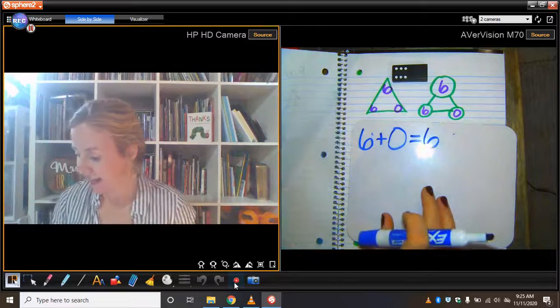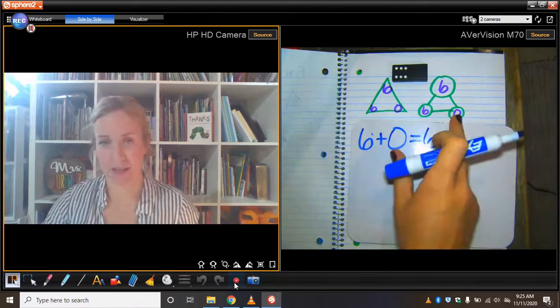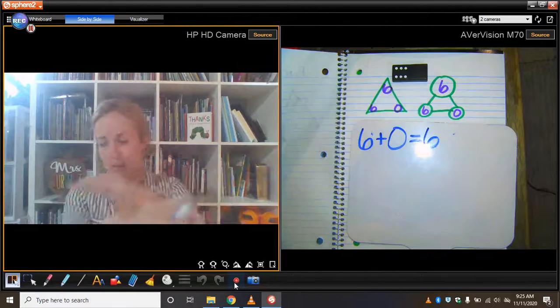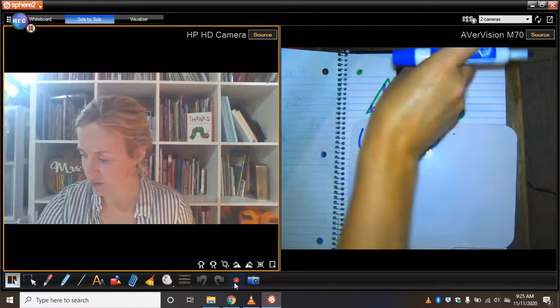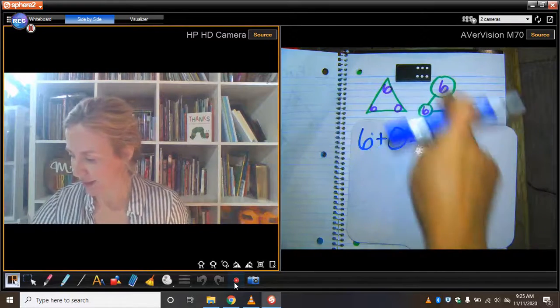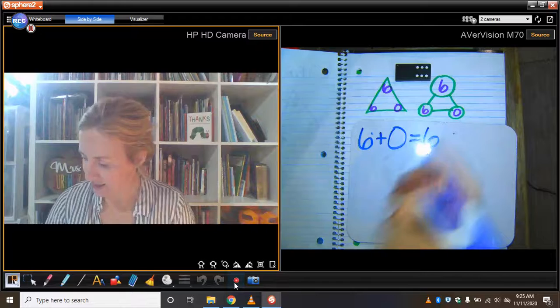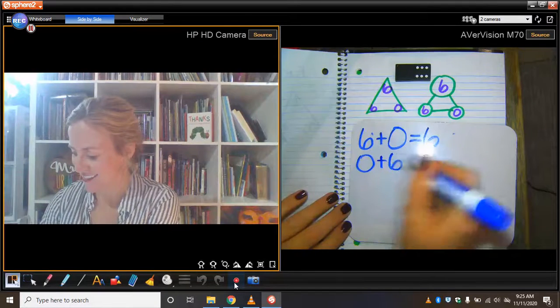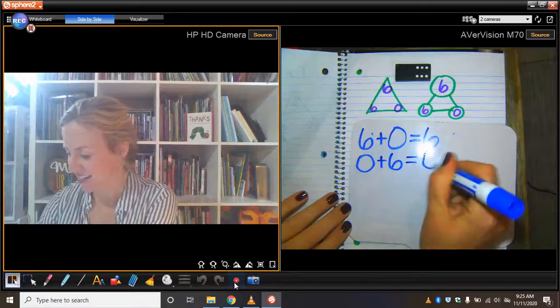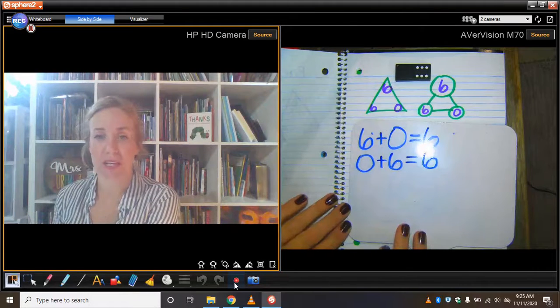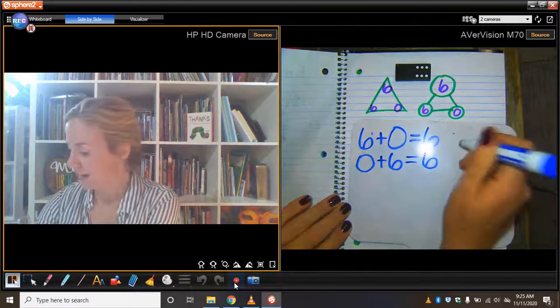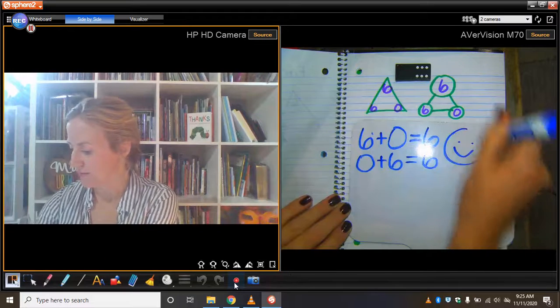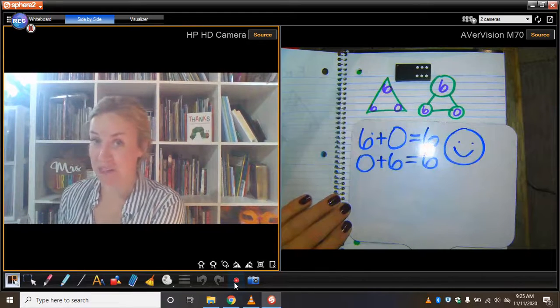But like I said, when it comes to my parts, I can flip-flop. I'll just turn it right around. And instead of going this way, I'll go the other way. I'll start with 0 dots and then add the 6 dots. There are still 6 dots altogether. You just made a beautiful set of addition facts. They flip-flopped.